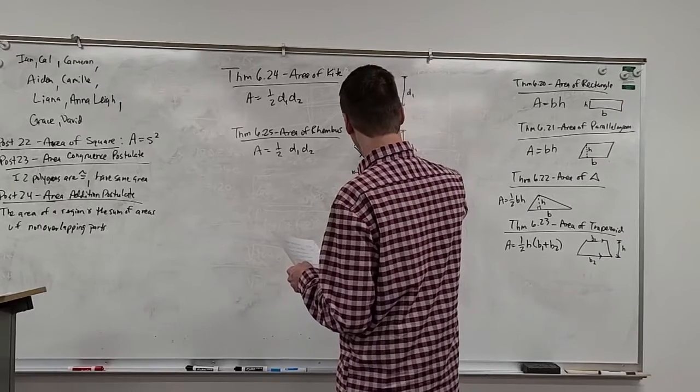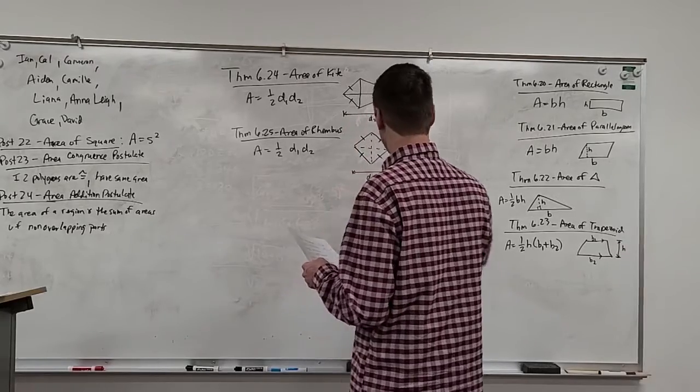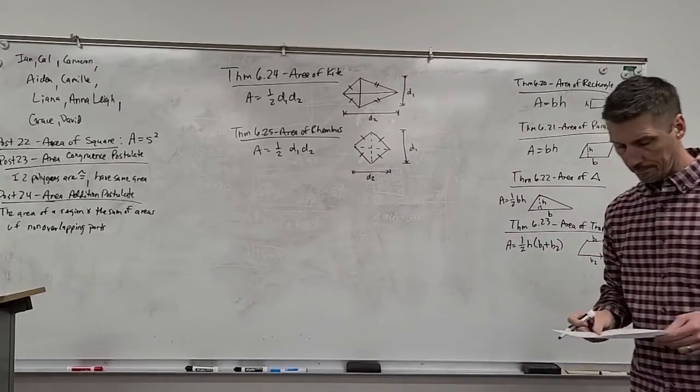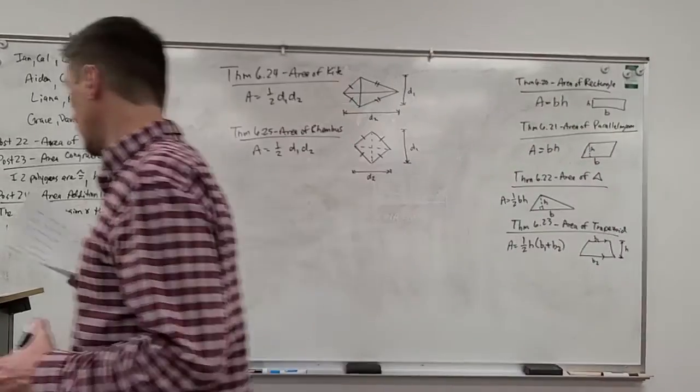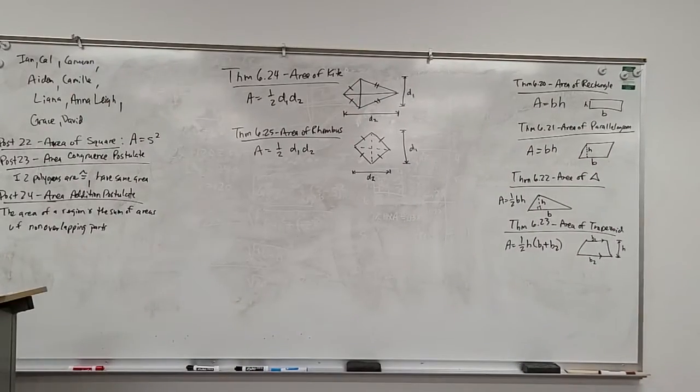So it's the length of the diagonals in the rhombus, okay? So I'll let you finish copying all that down, and then we'll see if you got any questions.